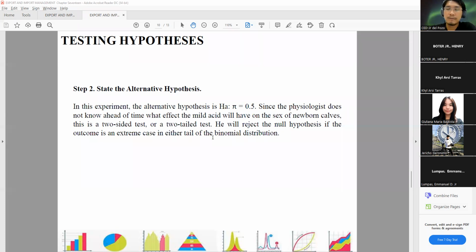Ano yung pangsalungat natin doon sa statement na equal lang ang chances na male or female ang maging offspring? Ano ang pang-alternative hypothesis natin doon?